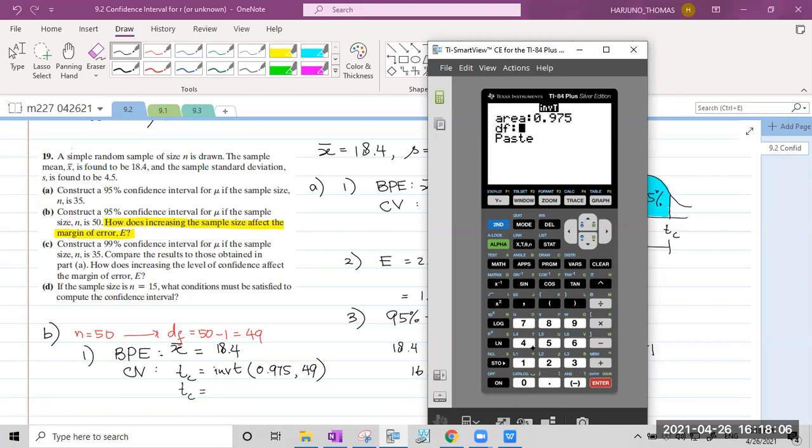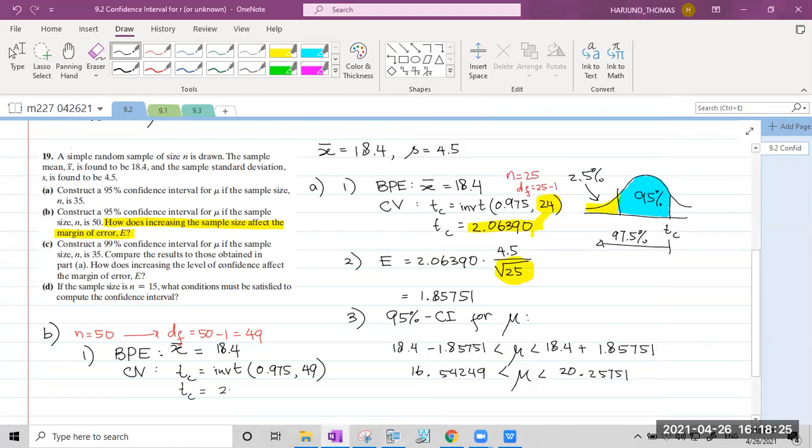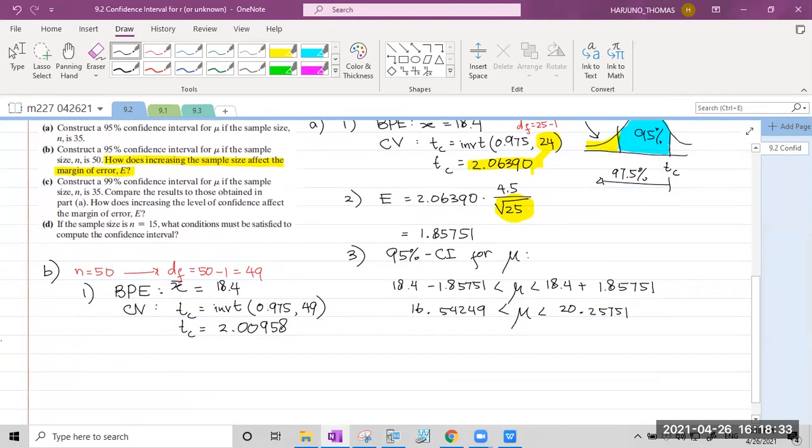Degree of freedom is 49. So I get 2.00958. That's the critical value.